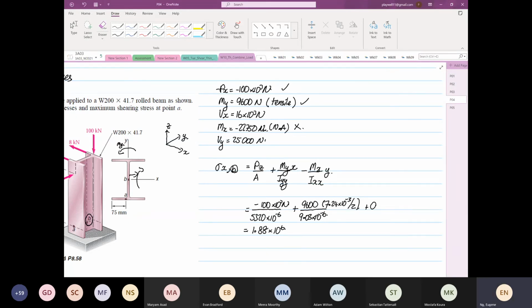I think today I'm not right. So this is equal to 18.797 times 10 to the power 6.